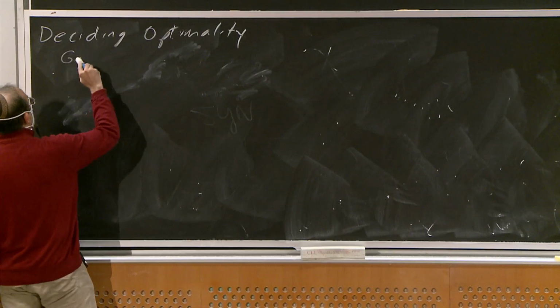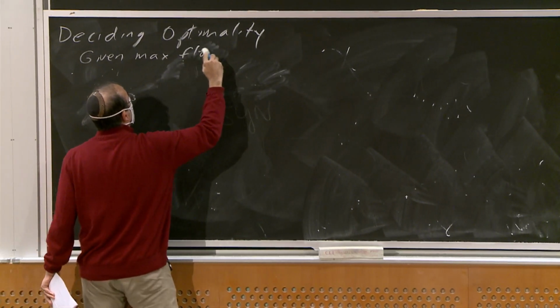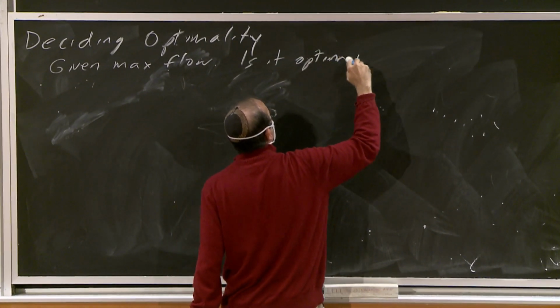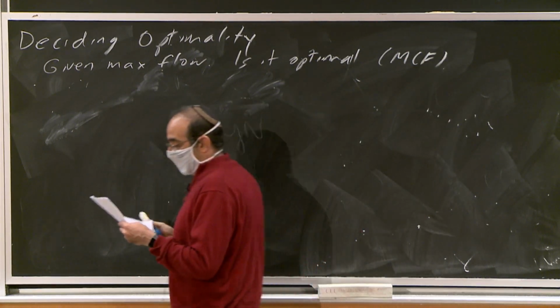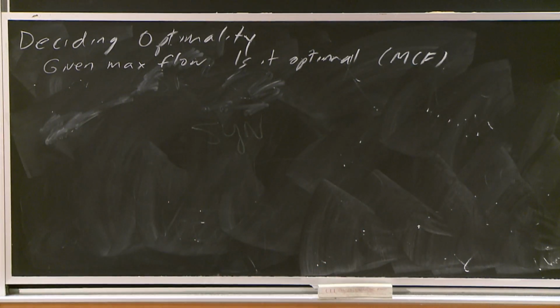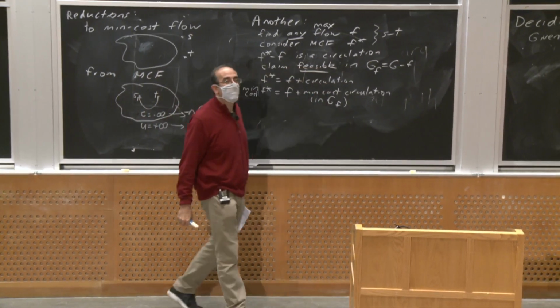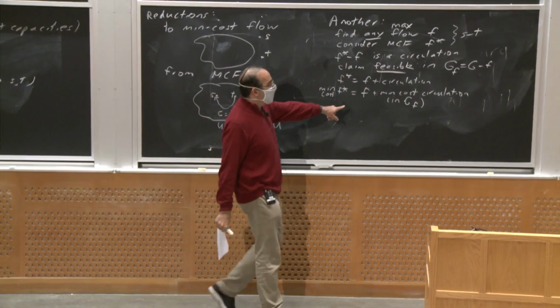Right? So suppose that we're given a max flow. How do we decide if it is a min cost max flow? Well, let's look at this reduction.